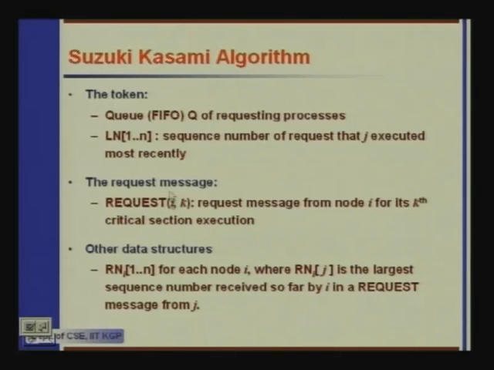The request message that is broadcast from the requesting process to all other processes also has a sequence number. So, when node i makes a request for its kth critical section execution, it sends out the request(i, k) message, right. Now, note that at a given point of time in a process Pi, there can be at most one pending request, because in critical section requests you execute the critical section, then you make the next request.